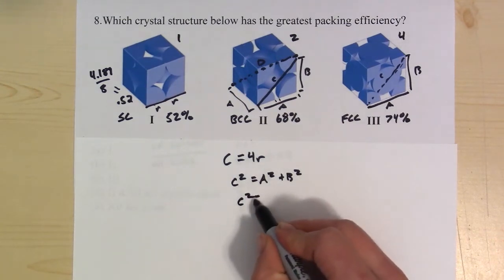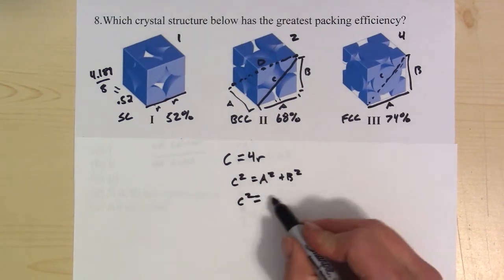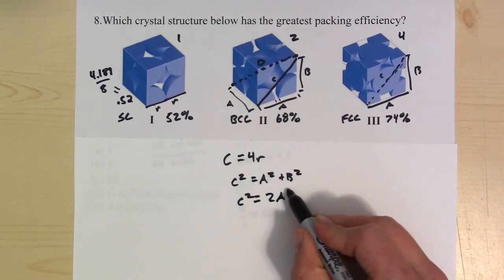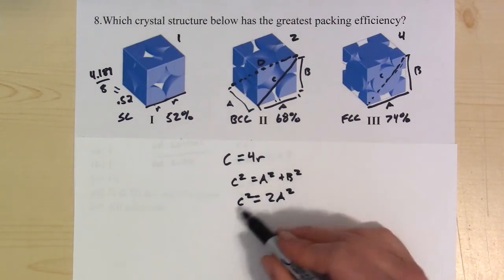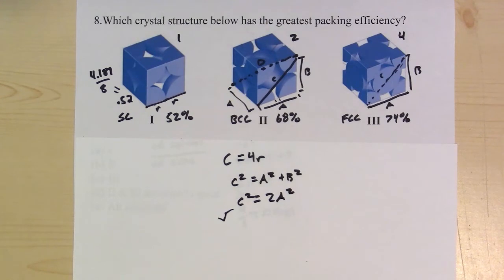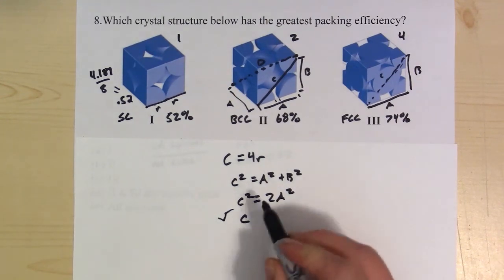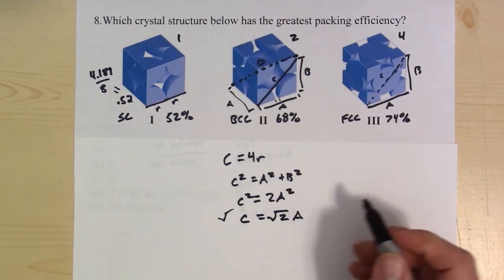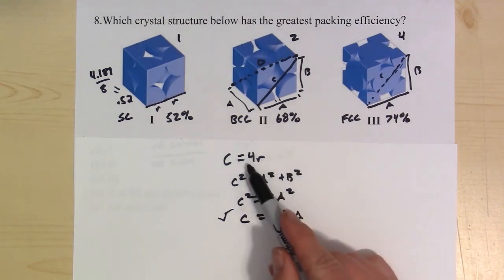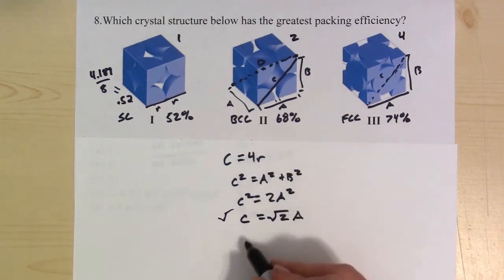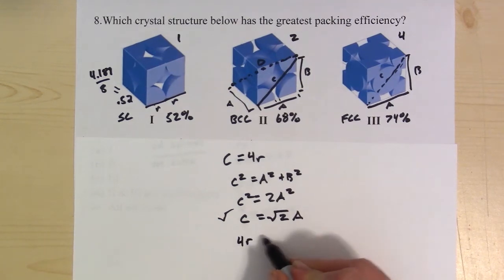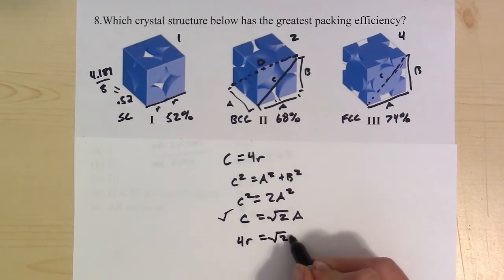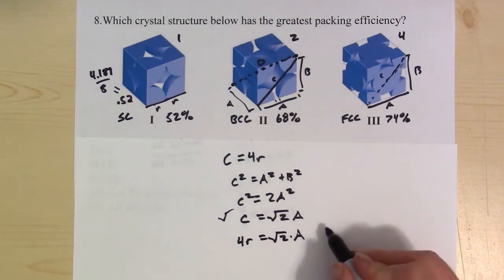So C squared is going to be equal to 2A squared. And then if we take the square root of each of those sides, C is equal to root 2 times A. So we know that C is equal to 4R. So 4R is equal to the square root of 2 times A.